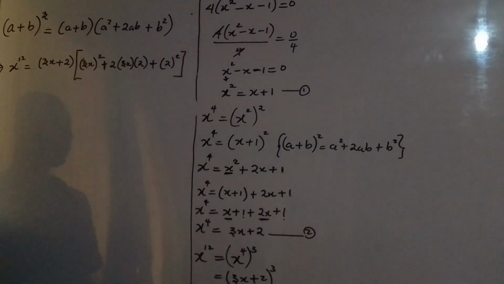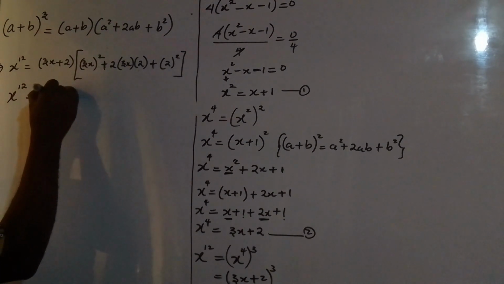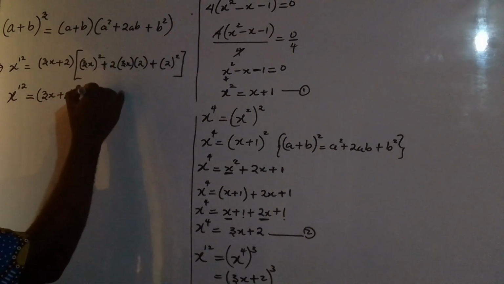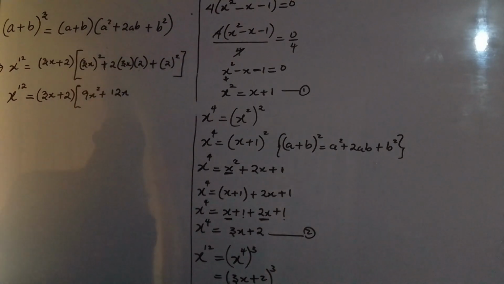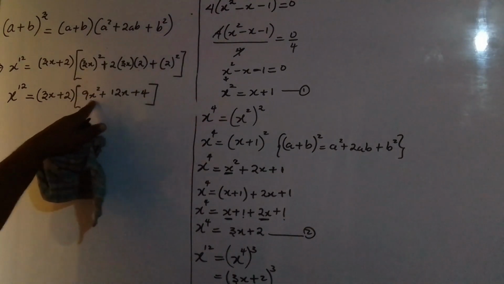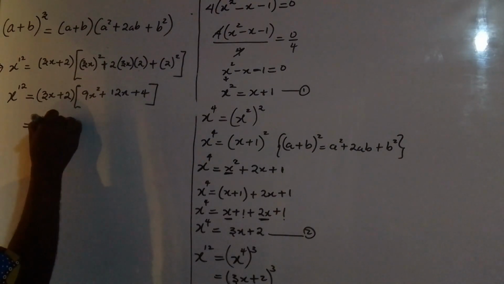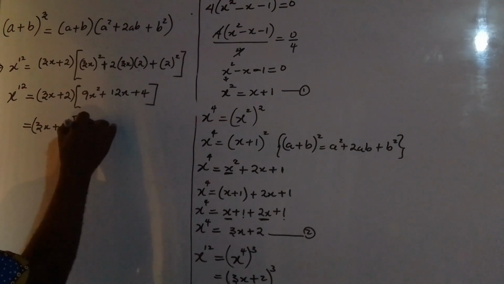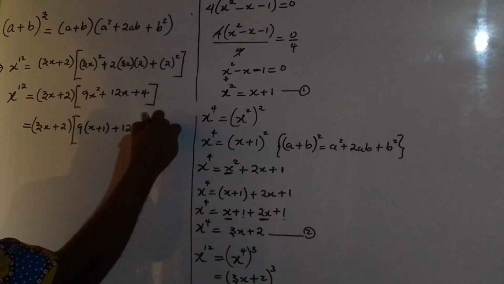Alright, so now simplifying that, x to the power of 12 will give me (3x + 2) times (9x squared + 12x + 4). Of course, we know x squared from equation 1 is x + 1. So I replace that: (3x + 2) all times (9 times (x + 1) + 12x + 4).